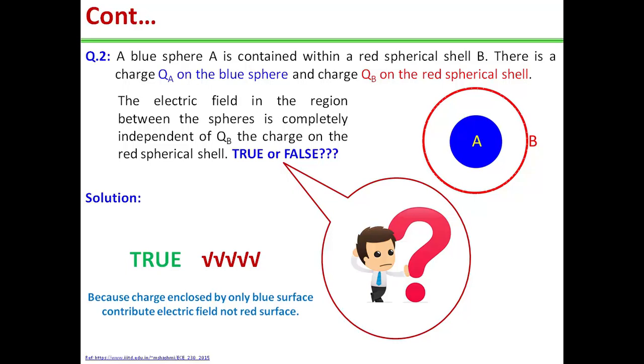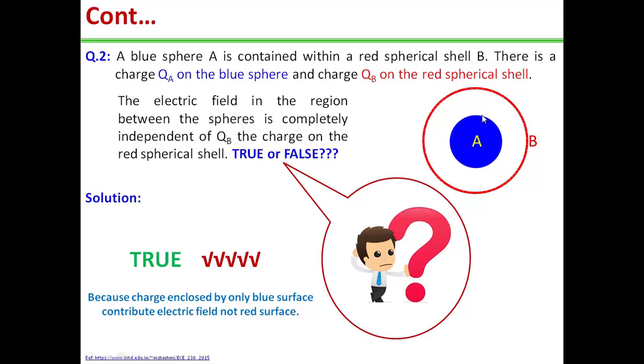The answer is that it is absolutely true, because the charge enclosed by only the blue surface contributes to the electric field, not the red surface. We already know that according to the Gauss law, electric flux is calculated only for the enclosed charges. That means whatever charge is enclosed within that surface, we have to calculate the electric field for that.